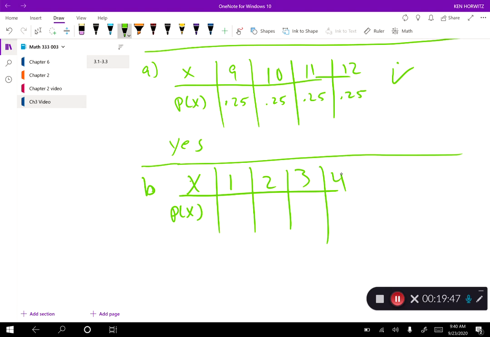And my p of x was the function (3 minus x) over 2. So I'm going to take each x and run it through my function. Why don't you pause the video? Do that now.